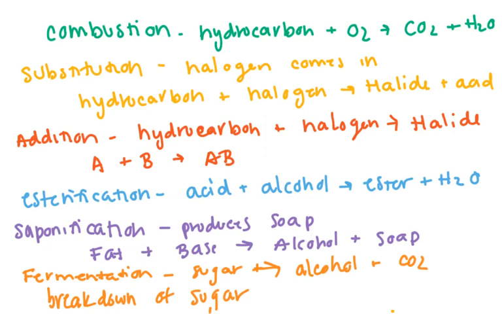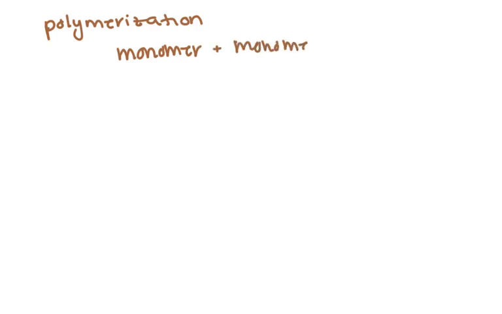Okay, and then I will open one more slide just to recap polymerization. And then our last one, polymerization. So this is a monomer plus a monomer plus another one. So plus multiple ones. And then it's going to give us this long carbon chain.